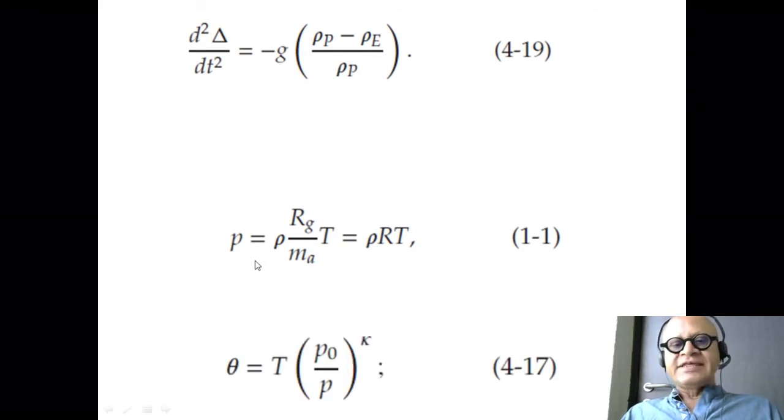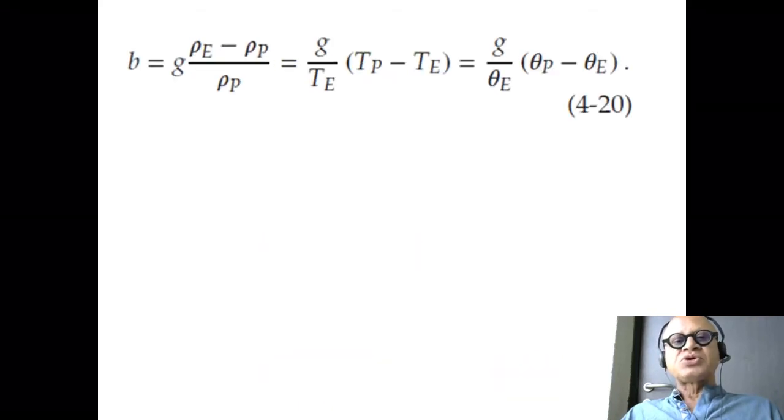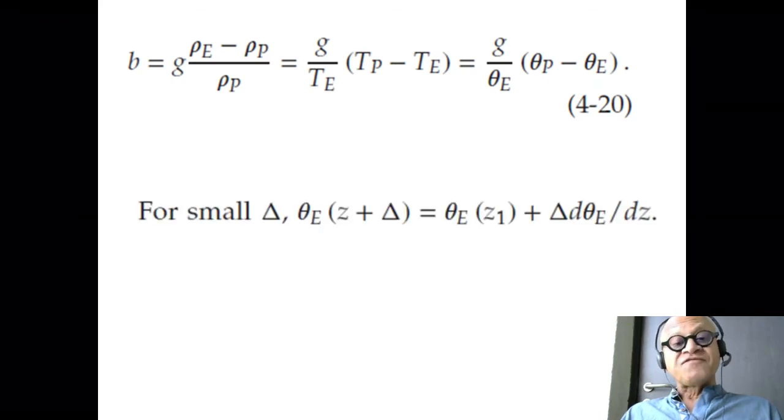So using our ideal gas law and our potential temperature relation, we wrote buoyancy, or the reduced gravity as we refer to it at some point, in terms of temperature or potential temperature. Okay, we are easily exchanging between them to account for pressure effect, right?